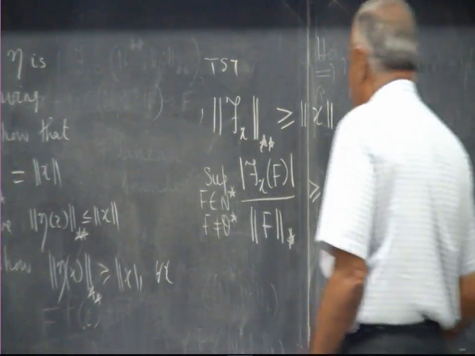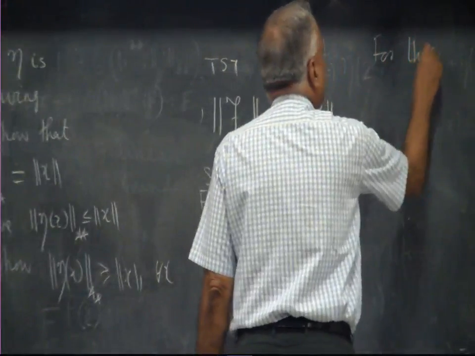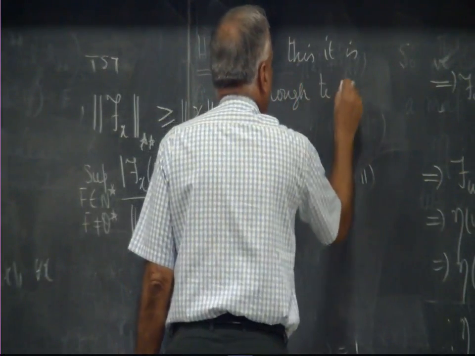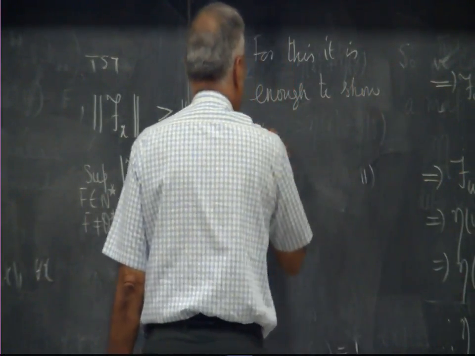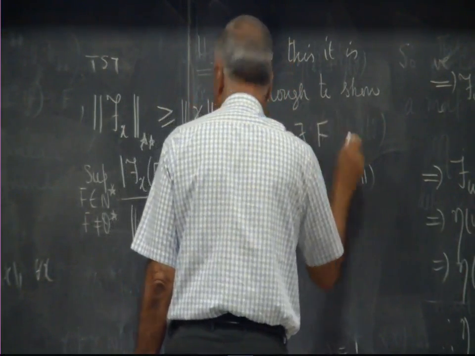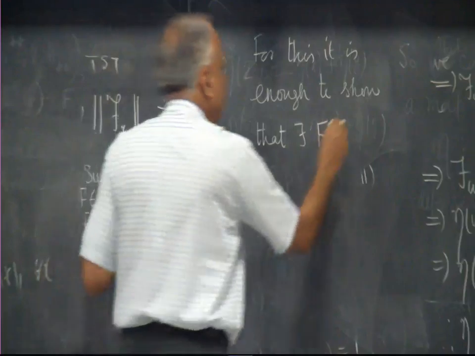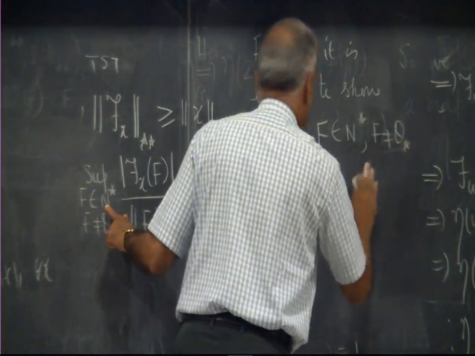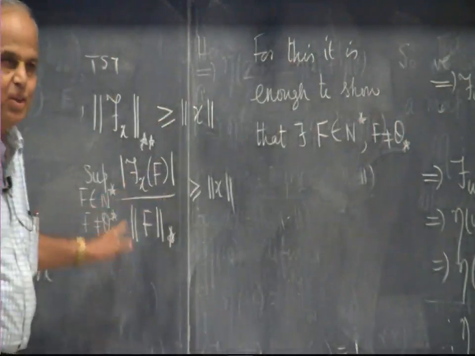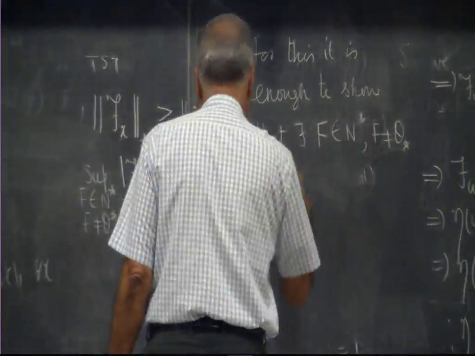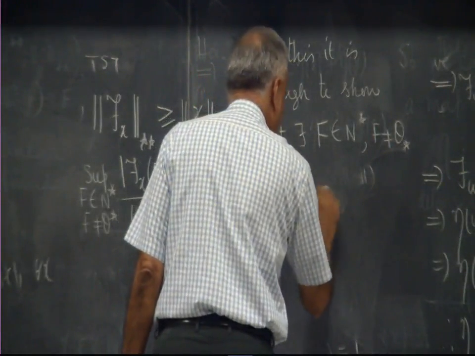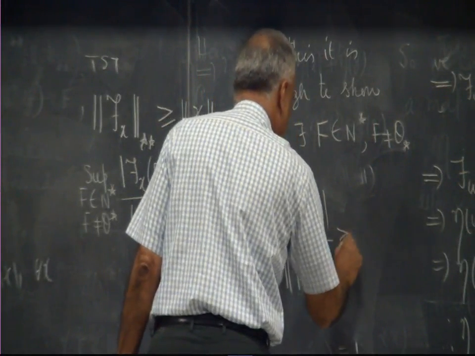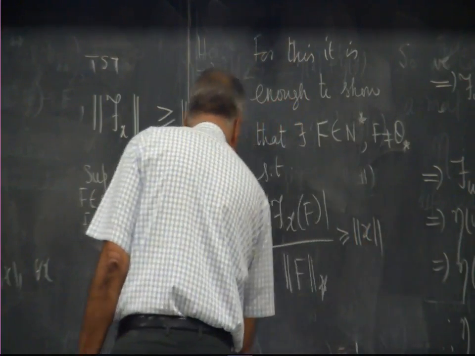So for this, it is enough to show that there exists one f, remember it must be in N star, f not equal to theta star, because these are the students, such that the modulus of Fx of f divided by the norm of f star is greater than or equal to norm x.